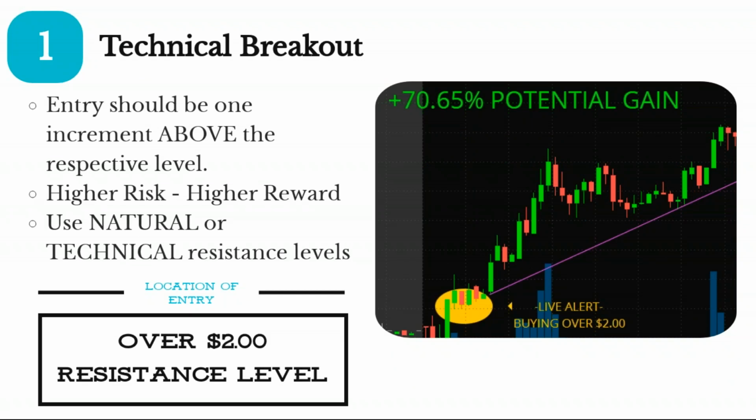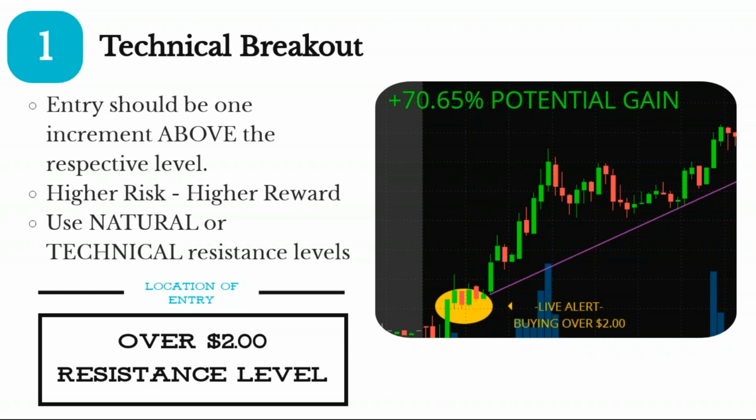If we bought over $2, our entry was 2.01 here, hypothetically, and let's say our price target was 2.20. If the resistance level is at 2.20, which is the natural level of resistance, the safest way to play it is to sell it at 2.19 or 2.18, a few increments below that resistance level. That's the safest way to go.